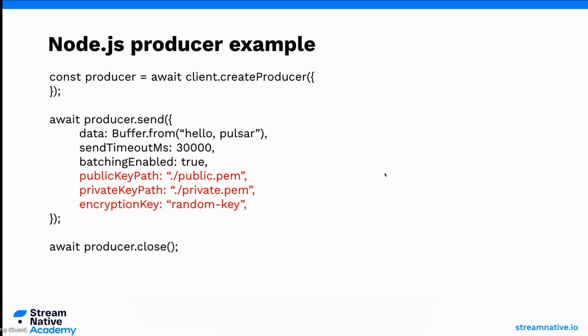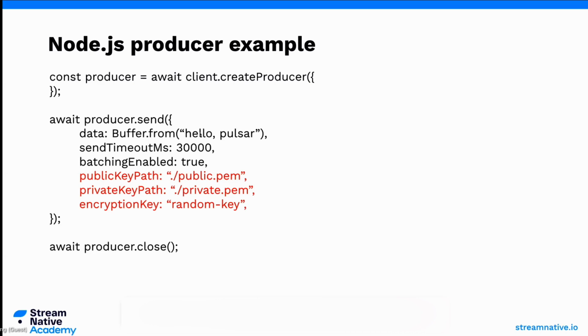The client can use the producer's public key to validate: oh, this session key is from the producer, so I can trust it. Then use the public key to decrypt it, and use this session key to decrypt the message.